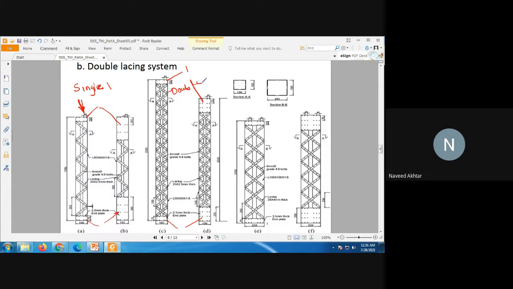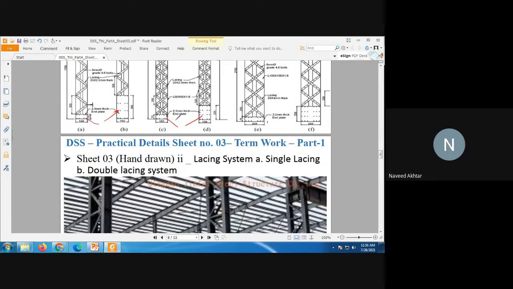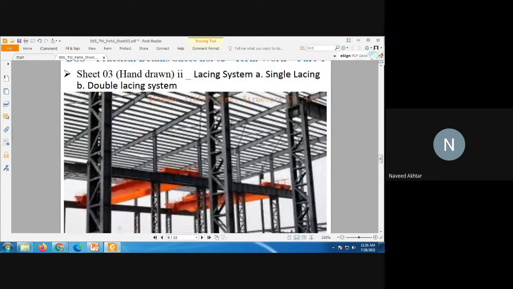This is single lacing and double lacing system. Okay. So in single lacing system or double lacing system, how the channel sections or angle sections are placed, you can see here. This is a built-up column. This is the single lacing system.